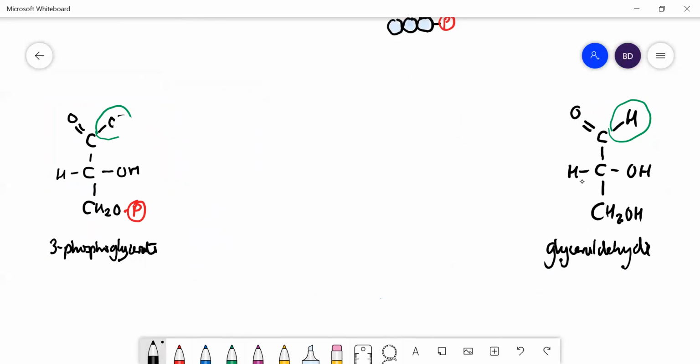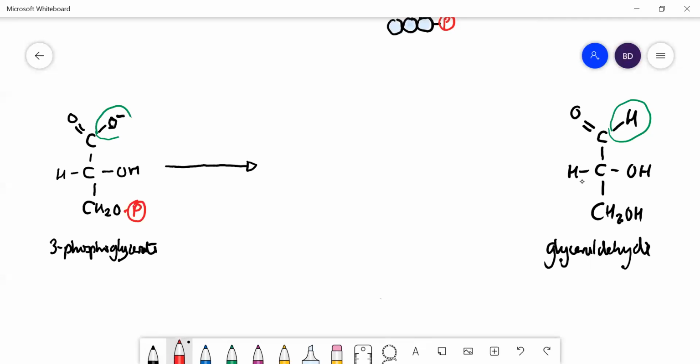You need to stick a phosphate group onto there. So you need ATP. Where does ATP come from? It comes from the light-dependent reactions in the chloroplast. I should say that all of these reactions are occurring in the chloroplast, but in the stroma, the aqueous bit, not in the thylakoid membranes.